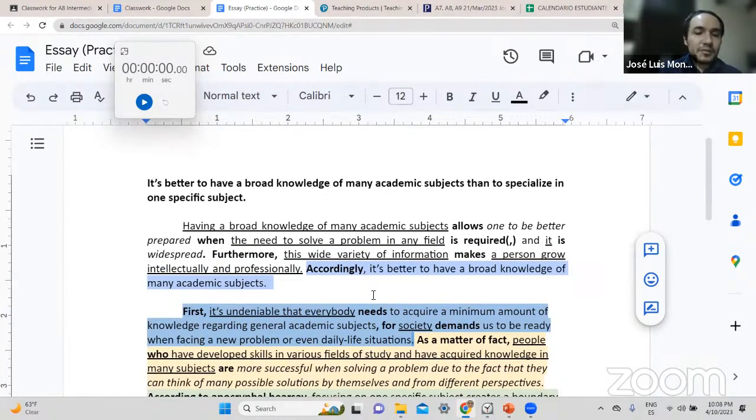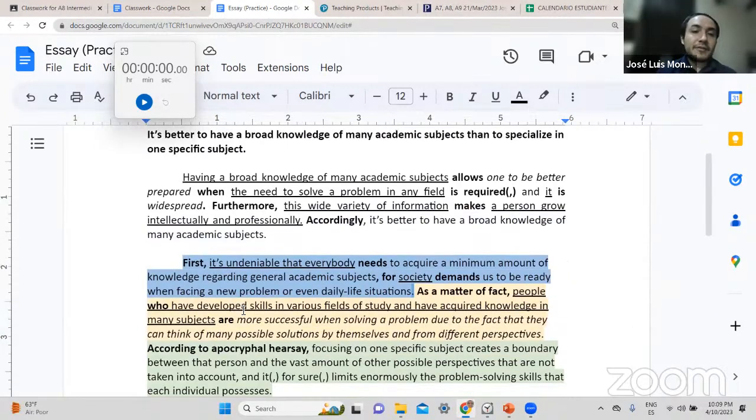We are mixing because we are learning the different types of introduction that we have. So this is more simple, or simpler, than the one we were learning. But again, that's the only thing. And then you start with the first idea or the first benefit or reason that you want to develop to support that decision.